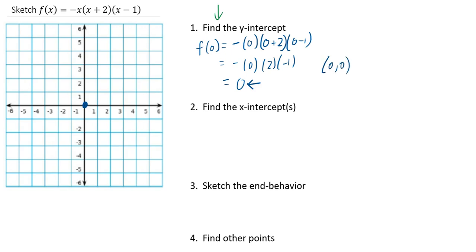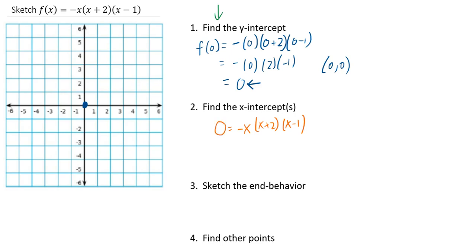That's my y-intercept. My x-intercepts come from the zeros of the function. When I look at my function, f of x equals negative x, x plus 2, x minus 1, zeros of something, 99% of the time I find the zeros by factoring. I see, okay, what makes this come out to 0? I factor it.